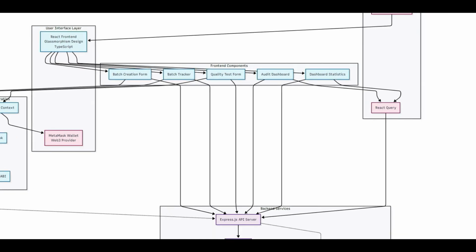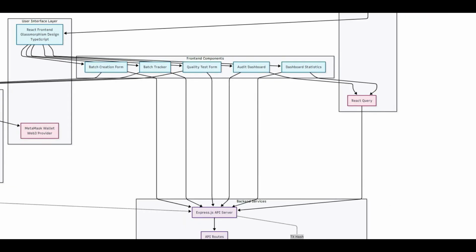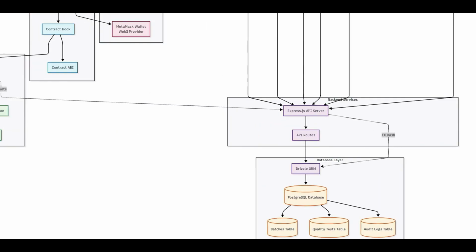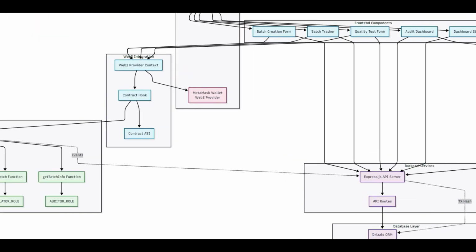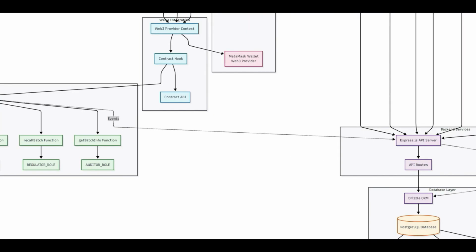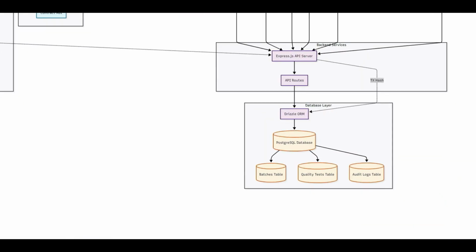And here are the front end components: batch creation form, batch tracker, quality test form, audit dashboard, statistics, which then goes into the backend services, which is your Express.js API server, API routes, the database layer, PostgreSQL database, batch table, quality tests, and audit logs are kept in the database. Okay, so this is what helps us build this out. So this is a sophisticated app for you to have in your blockchain portfolio.